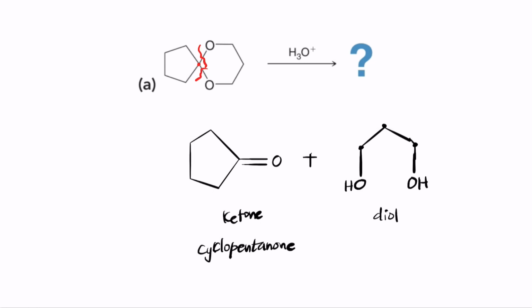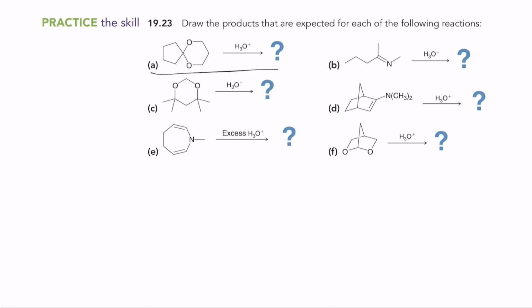So 3 carbons with OH groups is 1,3-propanediol. So these are the 2 compounds that you end up forming in the hydrolysis of the given compound. Now pause the video right here and try to see if you can predict the products that you get in the following reaction.